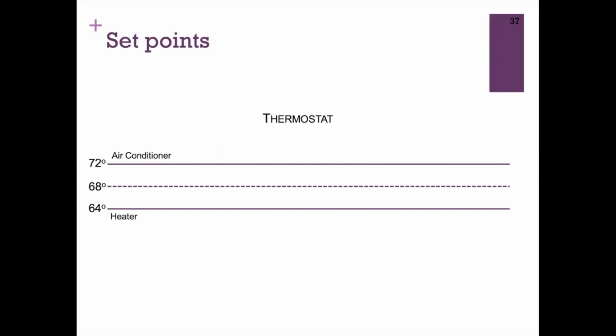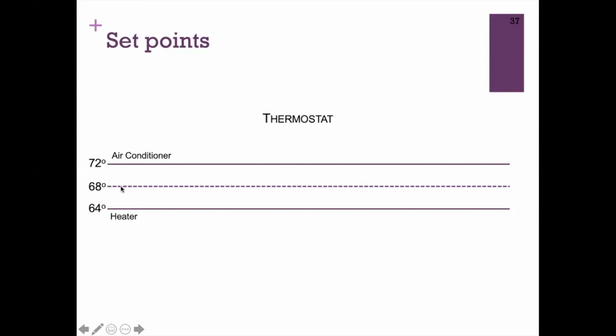It can also just stop the heater from going on, but it usually happens right around the set point. When it gets too cold in the house and we can read that temperature, it will actually turn the heater on. So we're trying to aim right around this set point.